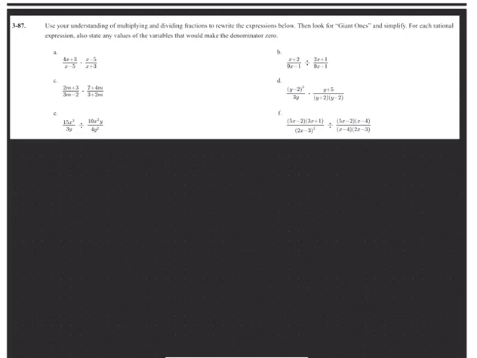On letter C, we have 2m plus 3 over 3m minus 2 times 7 plus 4m over 3 plus 2m. So on this one, they're just trying to give you some scrambled up problems a little bit, trying for you to figure out all of those equivalent expressions.